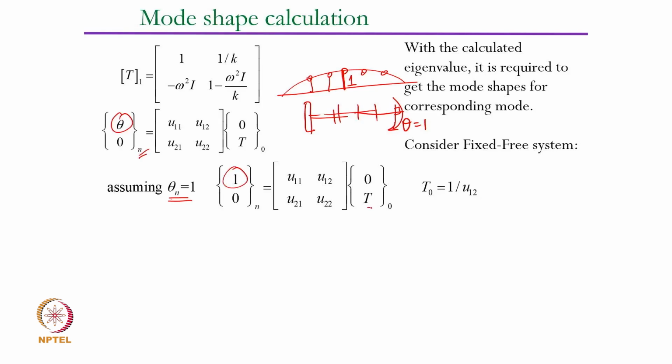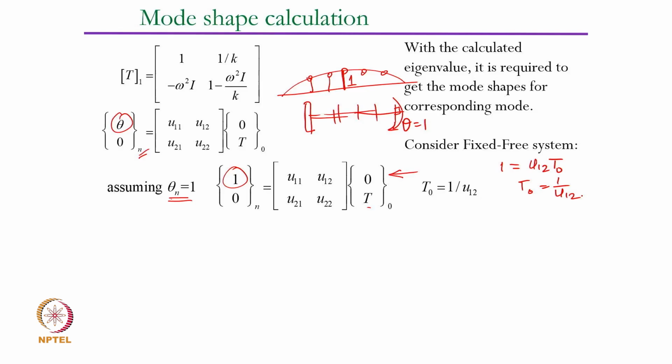By solving the equation, what you get is u12 into T naught is equal to 1, isn't it? If you take the first equation, 1 will be equal to u12 into T naught. So T naught will be how much? 1 upon u12.